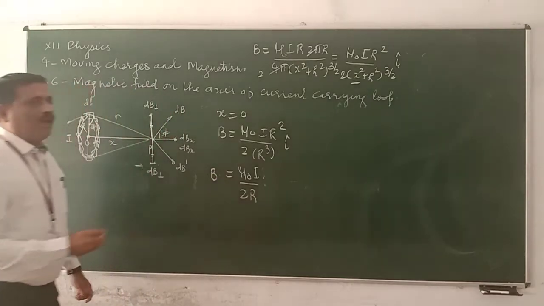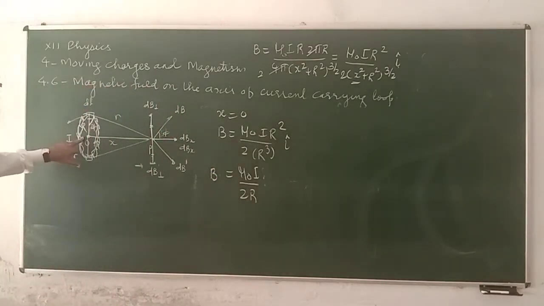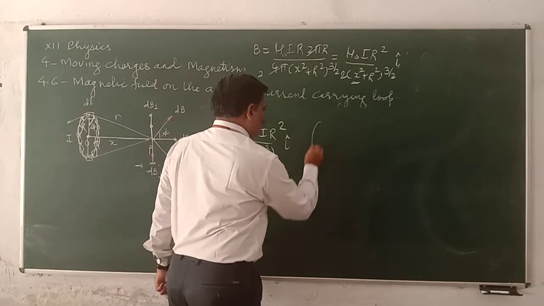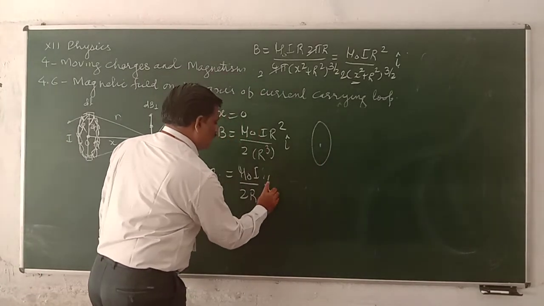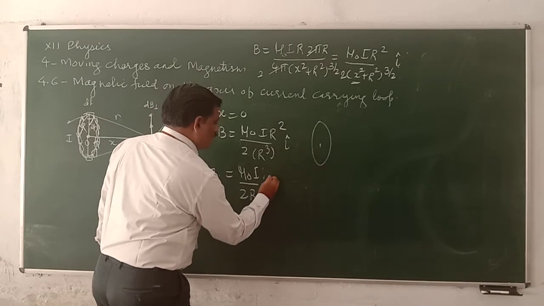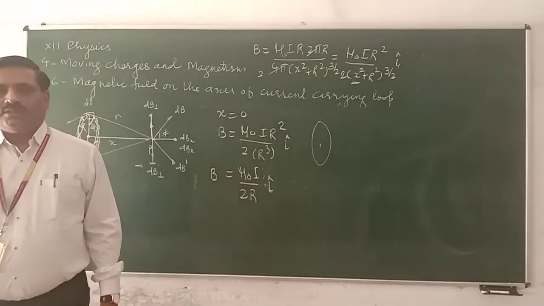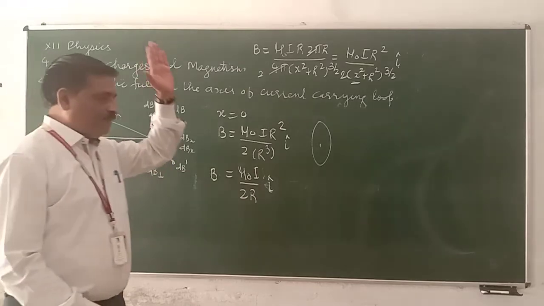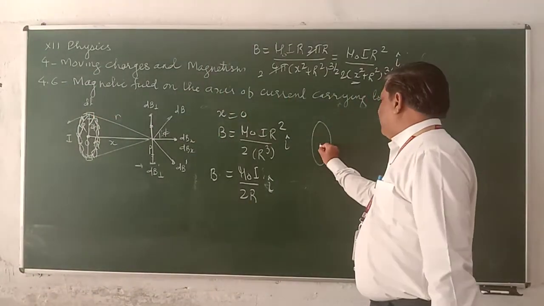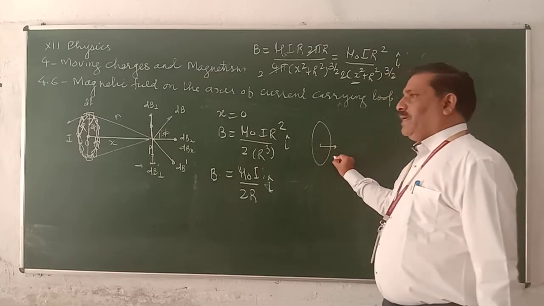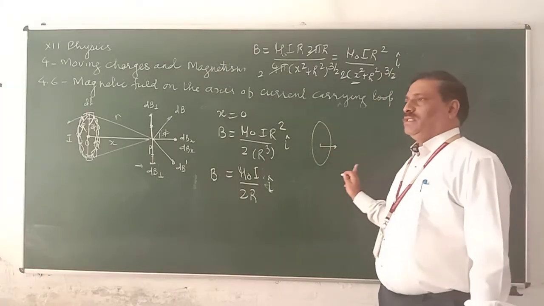This is again at the center of a just circular coil, and at its center this is along the i direction, because the coil is placed in the YZ plane. If the coil is in the YZ plane, the magnetic field is along the i direction.